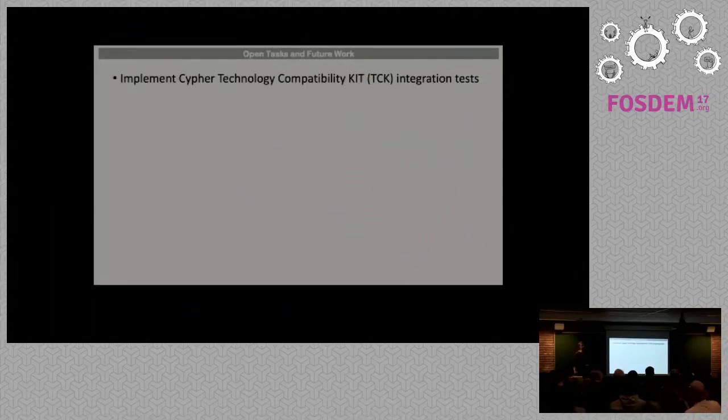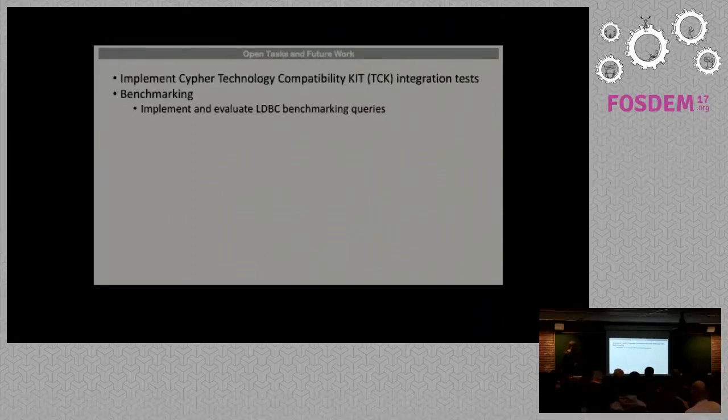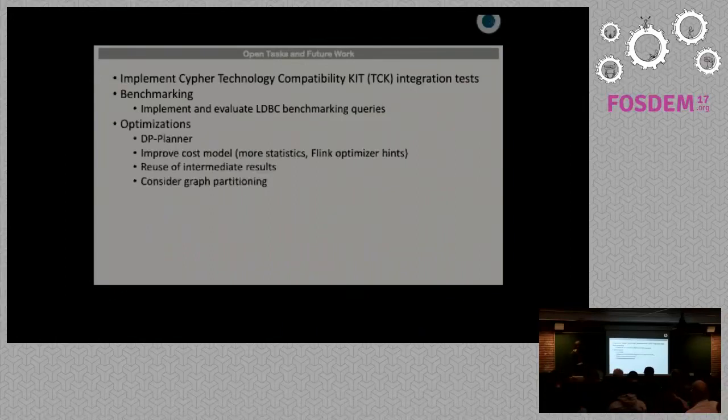We haven't really done any broader checks on whether what we produce is correct, so this should be perfect. We want to do benchmarking. We have some preliminary evaluations, but we should go into more detail, and for this we want to use the LDBC social network benchmark. This is a benchmark specifically designed for graph databases or graph systems.